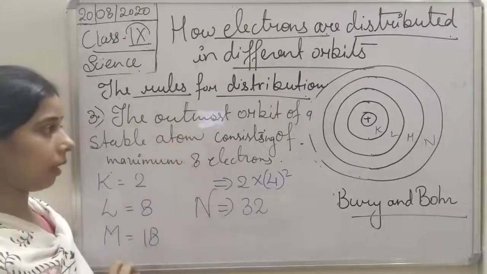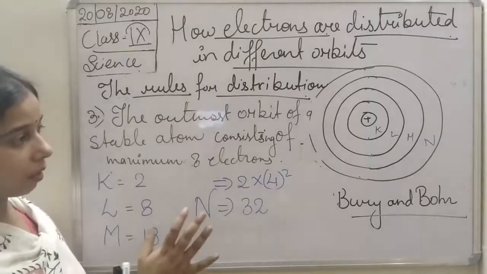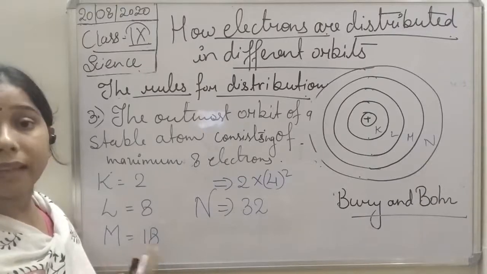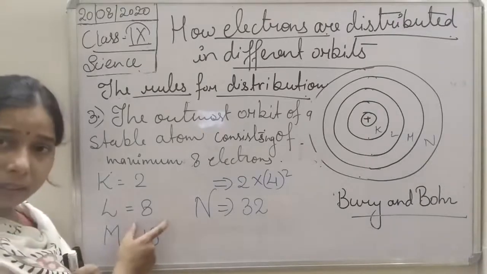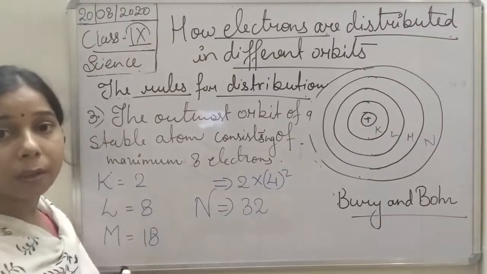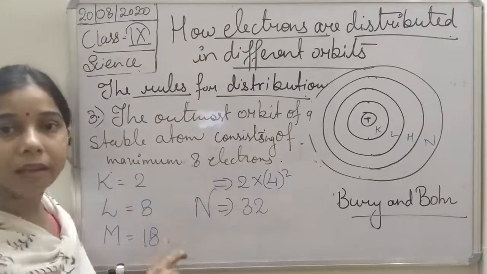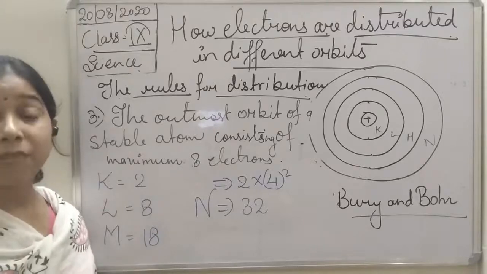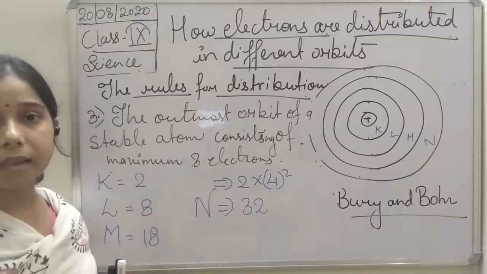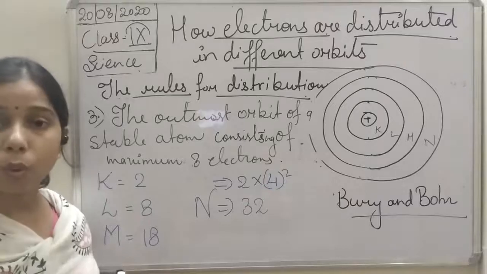Then the third one. The third rule says that if an orbit is able to accommodate more than 8 electrons, up to 8 electrons it is okay, but the M and N shells can accommodate more than 8 electrons. But the third rule says that if an atom is stable, its outermost shell must have a maximum of 8 electrons, not more than 8.